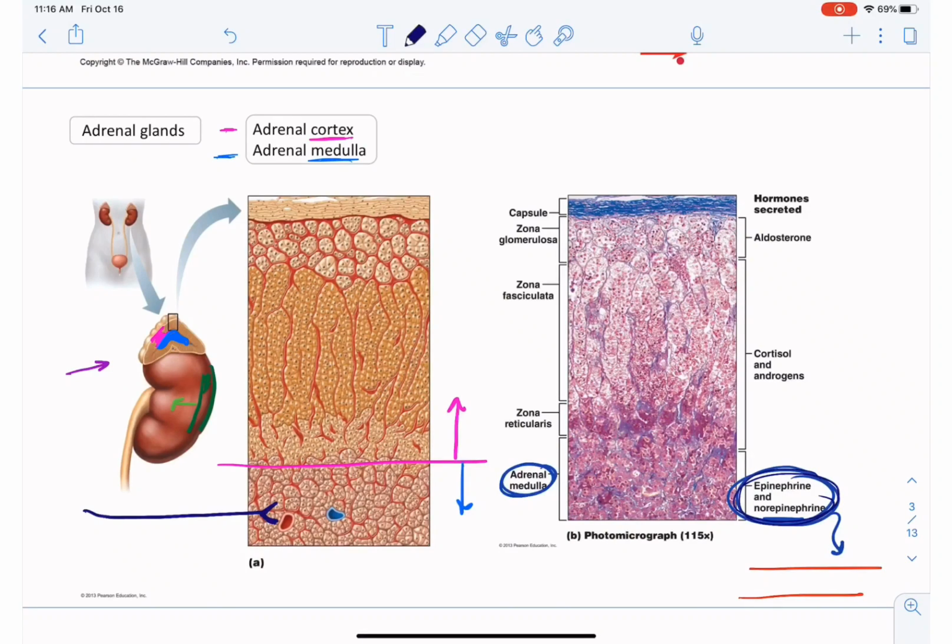And then these epinephrine and norepinephrine, adrenaline and noradrenaline, are going to act on different target organs to help facilitate the fight or flight response. Remember, the sympathetic nervous system mediates the fight or flight response during exercise, anxiety, fright, all that kind of stuff. And so epinephrine and norepinephrine are going to act on target organs and help mediate part of that response: dilate the bronchioles, vasoconstrict certain blood vessels, stuff to that effect.